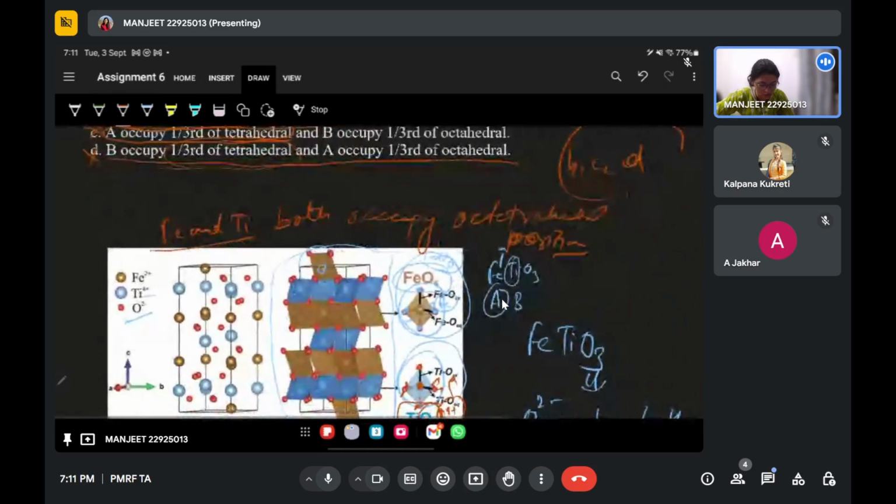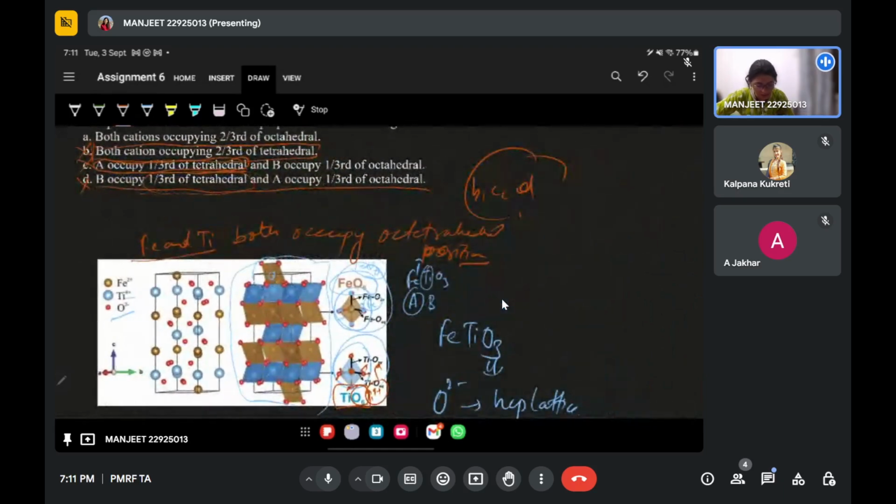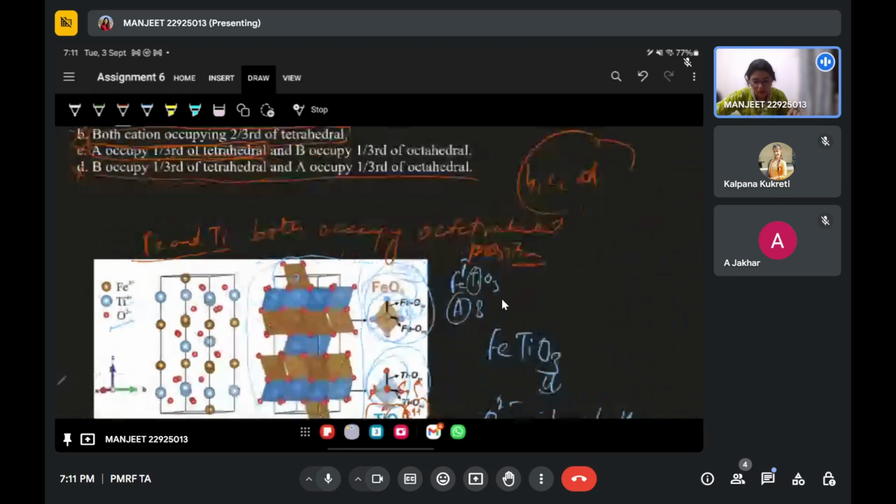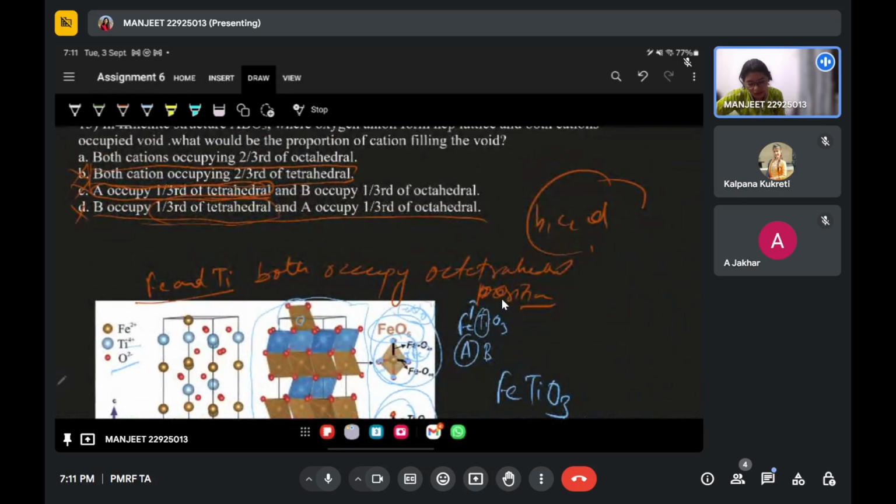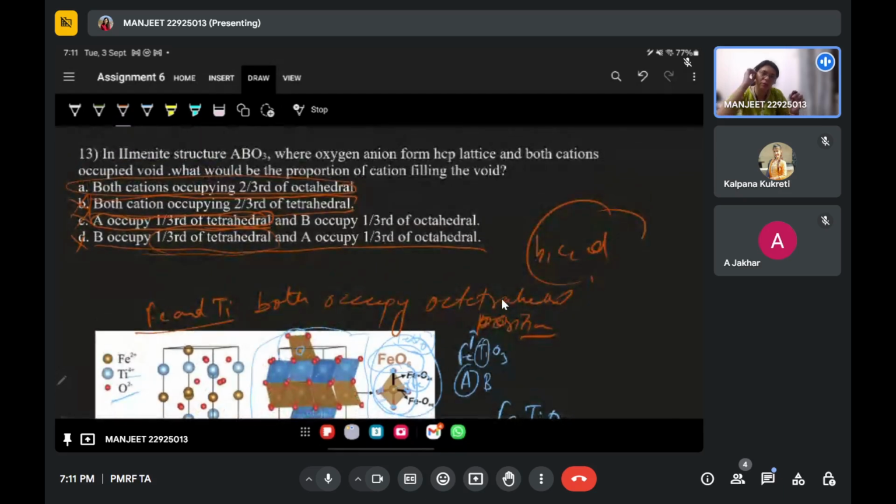And you know that, along with the tetrahedral, there are some empty octahedral voids. Both occupy only 2/3 of the octahedral voids because of the stoichiometry, so they will occupy only selective octahedral voids.